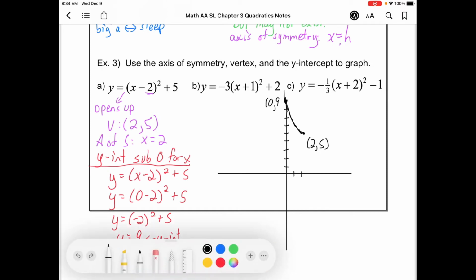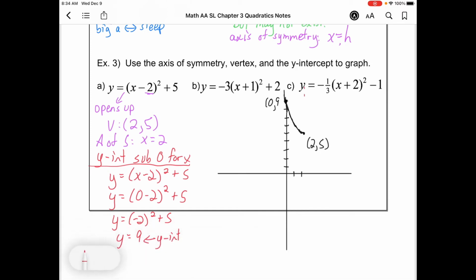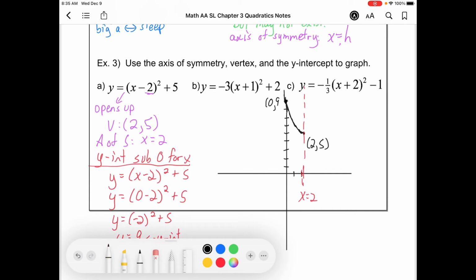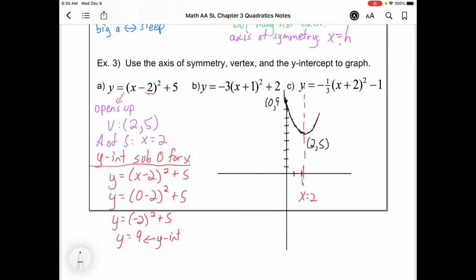Let's draw that axis of symmetry in now. Okay, it's at x equals 2. And I know that this graph is going to be symmetrical about that axis of symmetry. So I could just kind of eyeball it. It looks like this. I can also reason out that the point (4, 9) is going to be on this graph, because 2 to the left of the vertex, we had (0, 9), or a y value of 9.